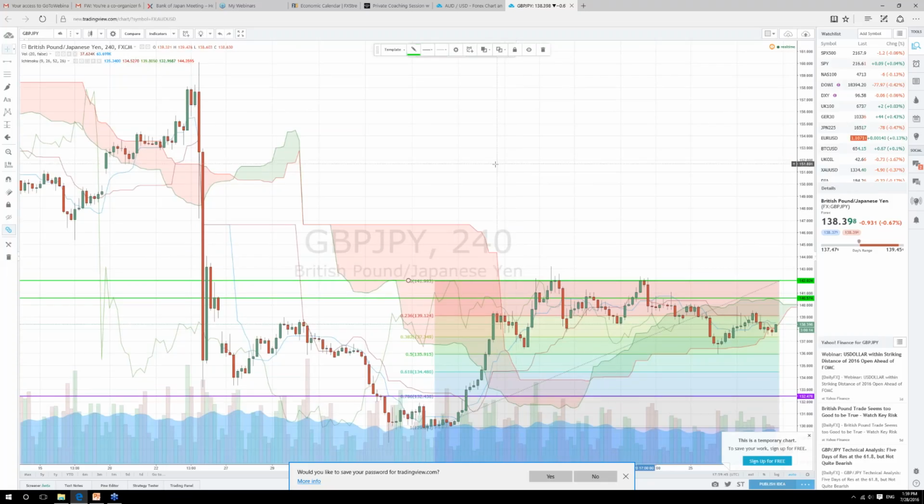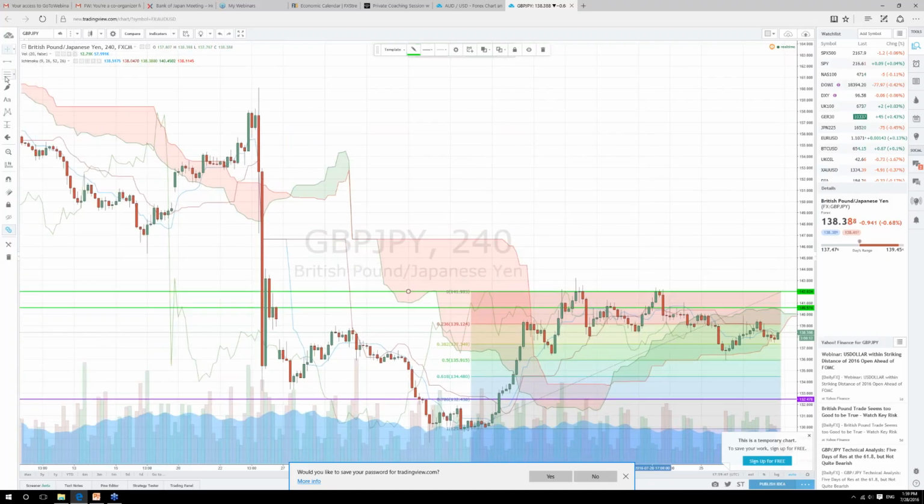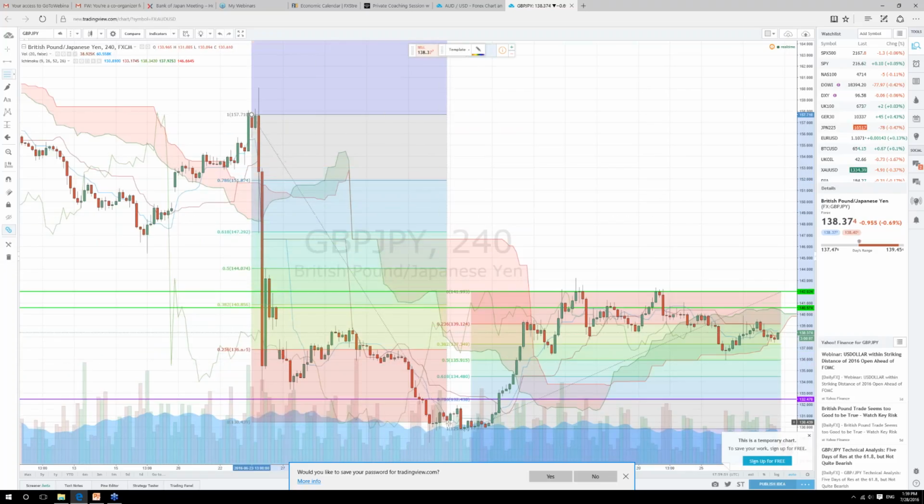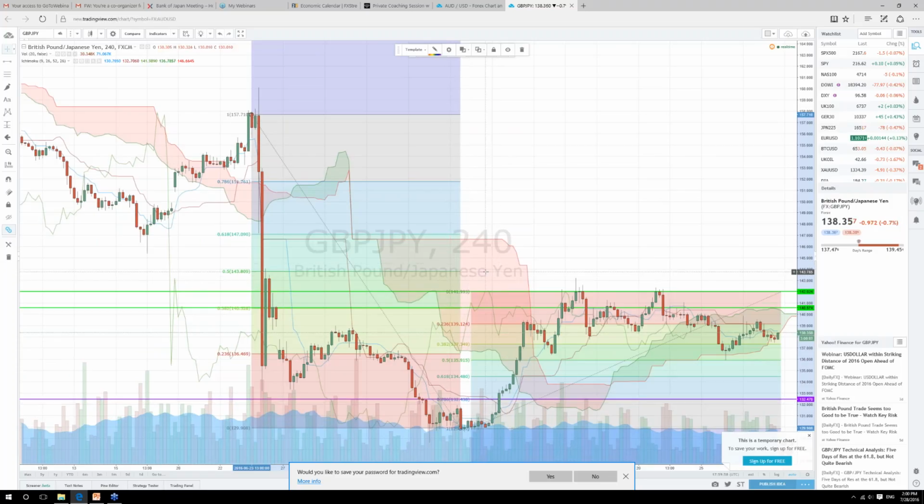The next resistance, I would have to draw another Fibonacci to figure that out. The next resistance is at 50% Fibonacci level right here. All right. So these are your stop losses accordingly. If you have more risk appetite, 143.85 could be your stop loss.